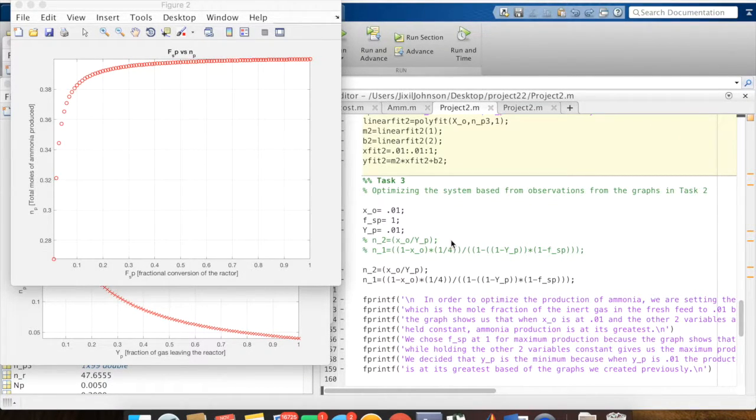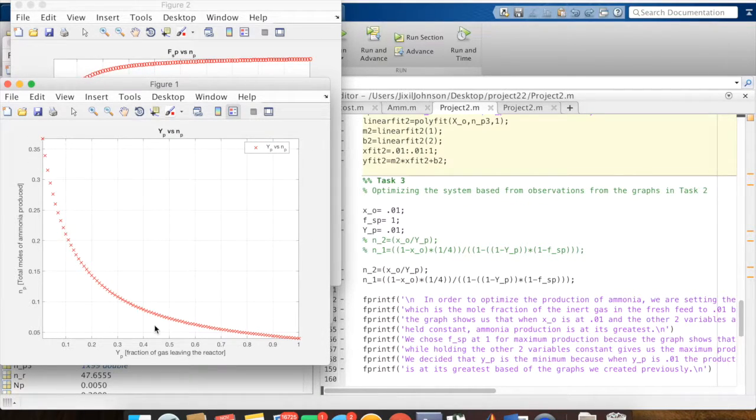So going over to task 3, it asks us to optimize the system based on observations from the graphs in task 2. From looking at the graphs, we came to the conclusion that yp needs to be 0.1, fsp needs to be 1, and x0 needs to be 0.01 in order to maximize the ammonia. If we look at the yp graph, we can see that when yp is 0.01, the NP, the production of ammonia, is at the maximum, which is above 0.35.